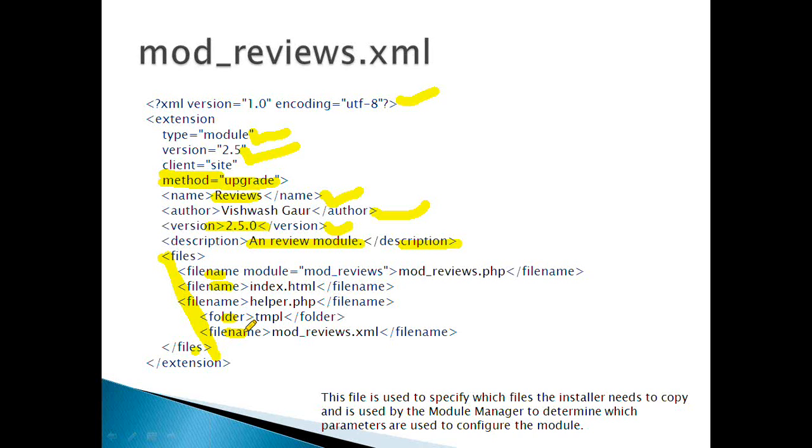One of the major differences between Joomla 1.5 and 2.5 is that Joomla 1.5 was using install instead of the extensions, and each file in every folder was to be defined while creating an XML file meant for the installation purpose. But in 2.5, you just need to name the folder, and all files inside the folders will be automatically included during the installation. So it actually helps in less coding and works better.